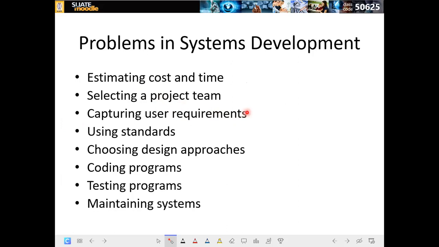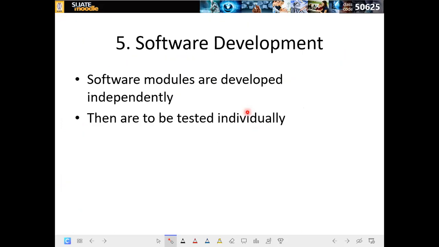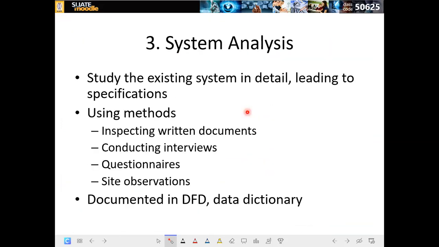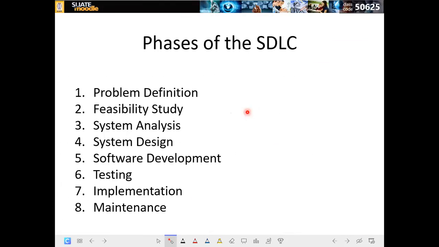Children, why do we call this a life cycle, a system development life cycle, SDLC? The reason is this. Let's say you have a hotel. The hotel has several sections.